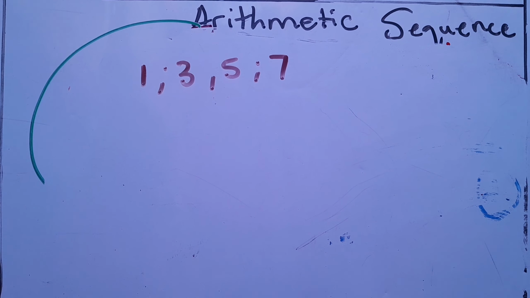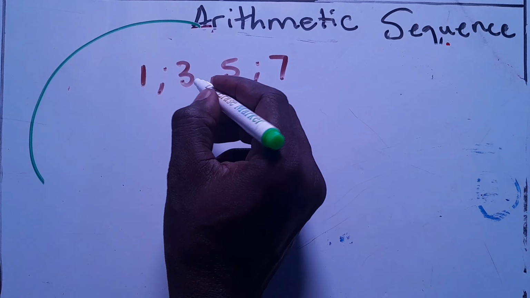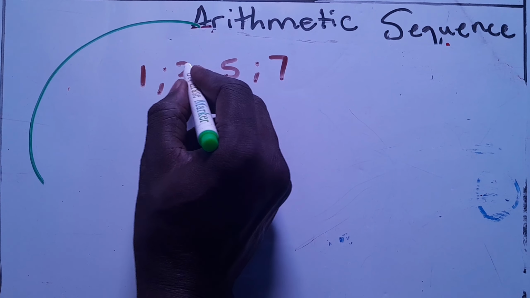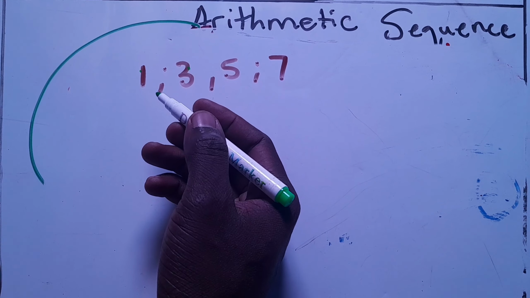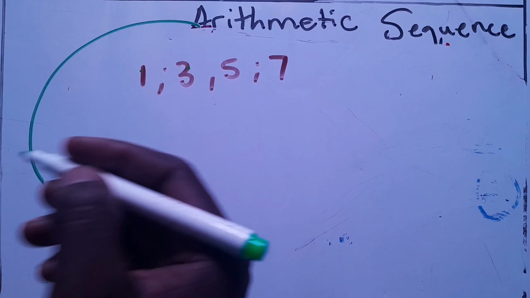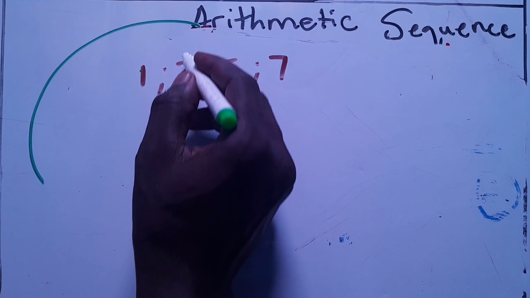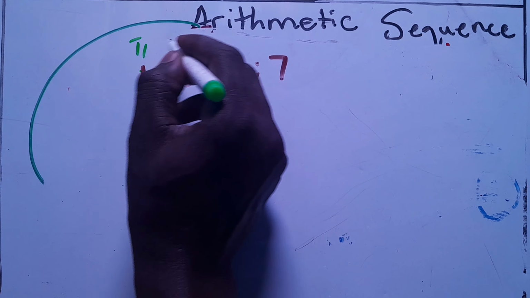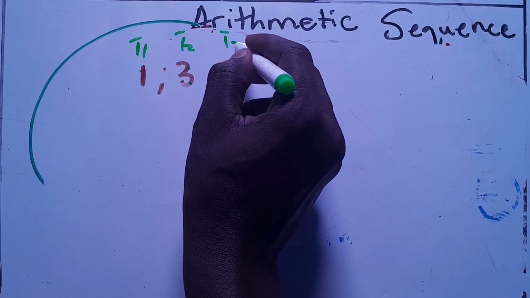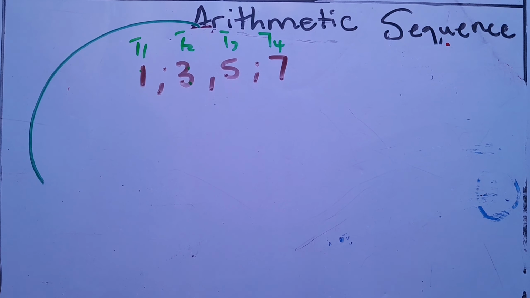So what are consecutive terms? What do we mean by consecutive terms, or successive terms? It means that this term and this term are following each other. So these are consecutive terms. So this is our T1, T2, T3, T4.